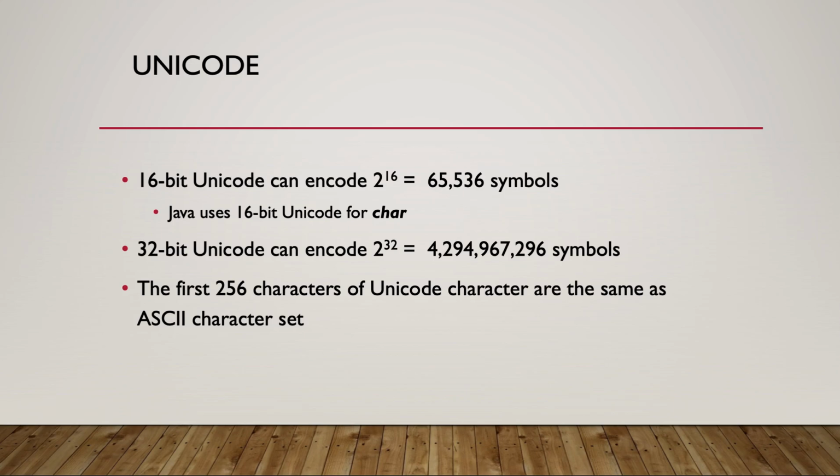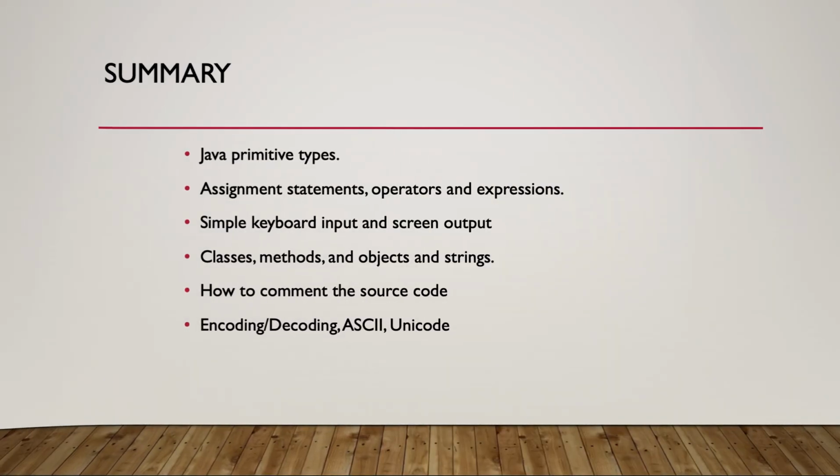We also have 32-bit Unicode that encodes 2 to the power of 32. The first 256 characters of Unicode are the same as the ASCII character set. Thus, the ASCII character set is a subset of the Unicode character set.